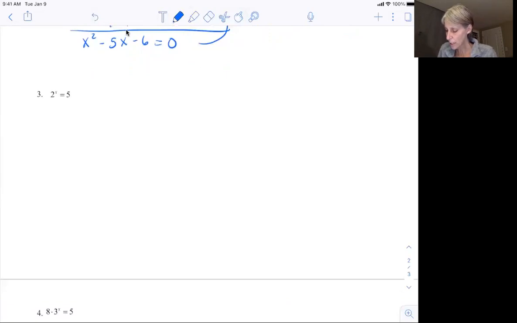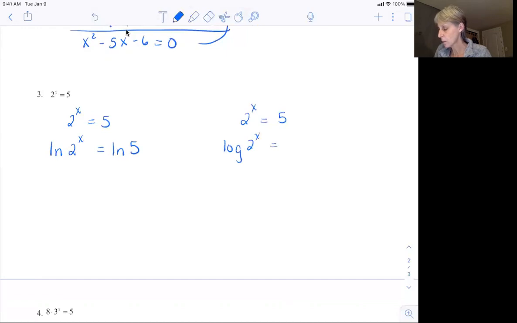So I have 2 raised to the x equals 5. ln of 2 to the x equals ln of 5. I write the word ln on each side. And if you want, we could do it with the log as well. Log of 2 to the x equals log 5. And again, when we write that log, it's really log base 10.